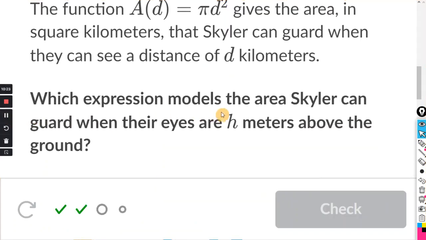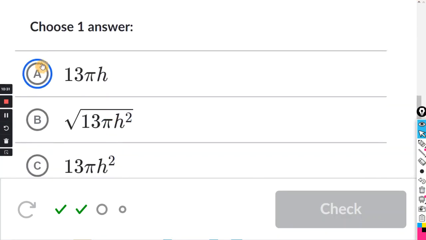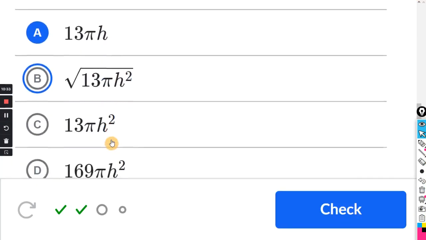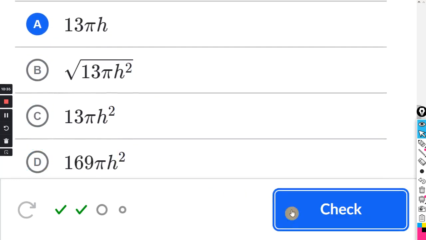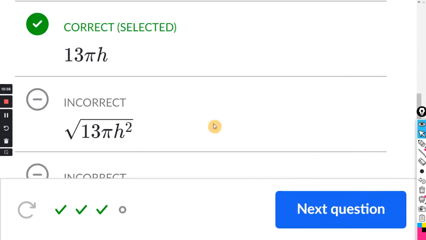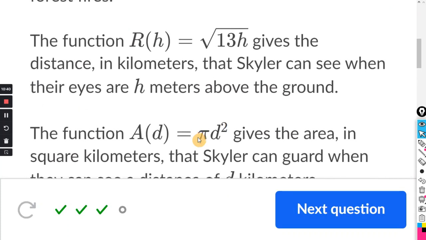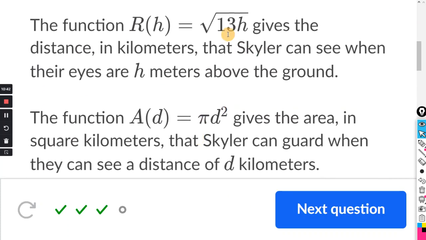Which expression models the area Skylar can guard when her eyes are h meters above the ground? So it's just 13 pi h. And that's it. For these problems in general, you're going to take one function and plug it into the variable for the other function. That's all you're going to do.